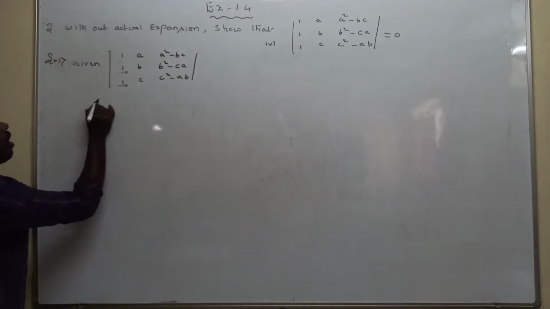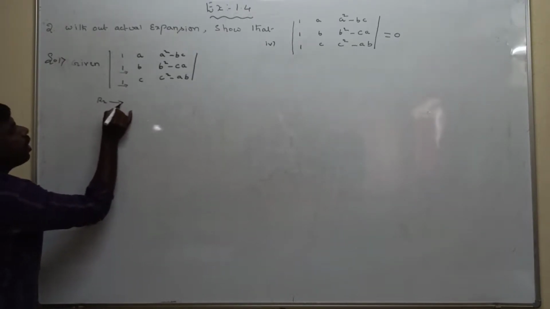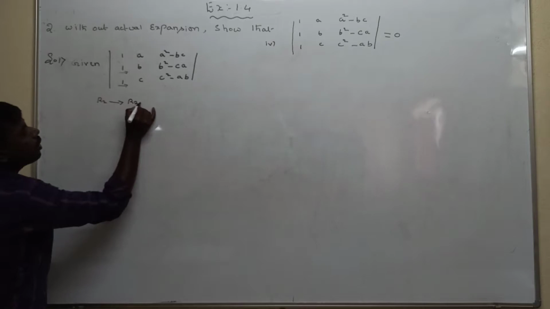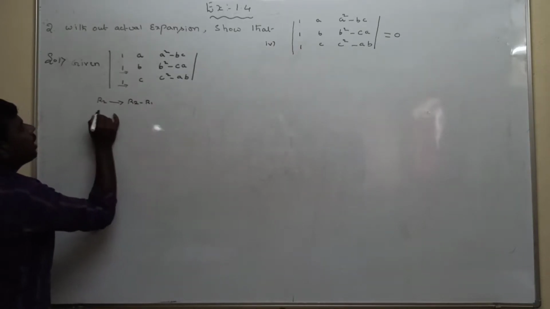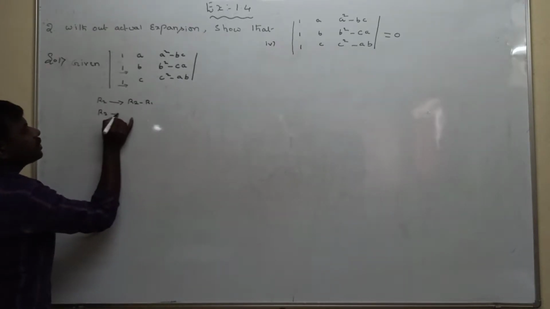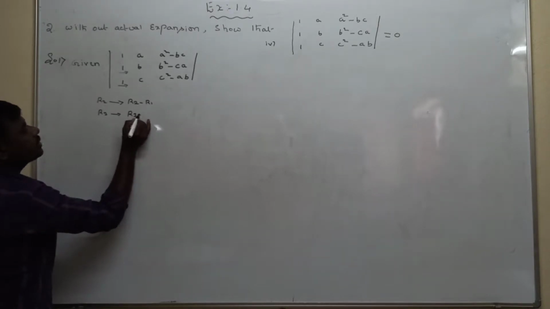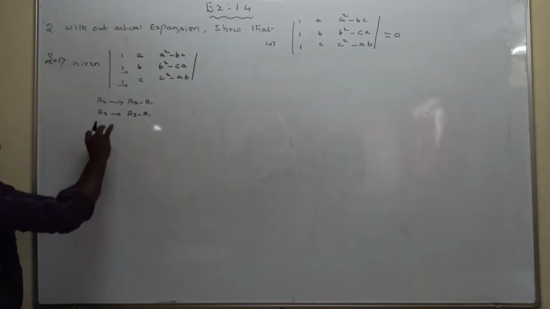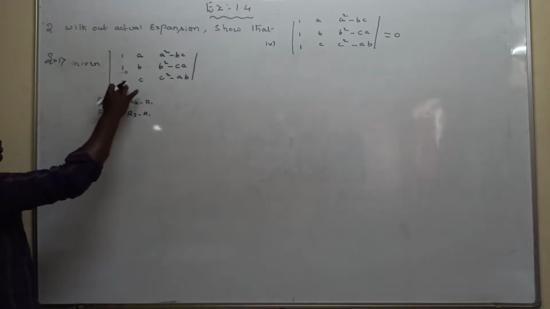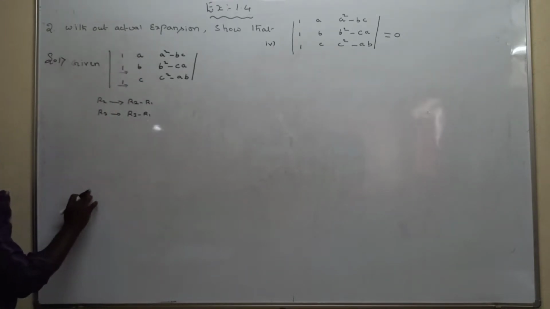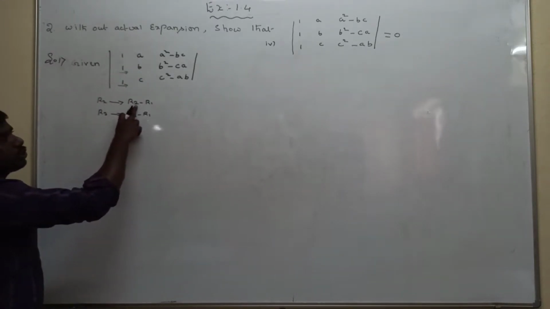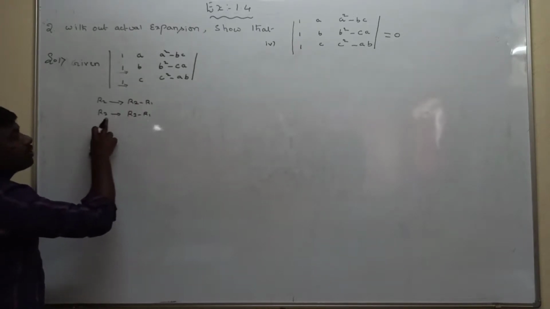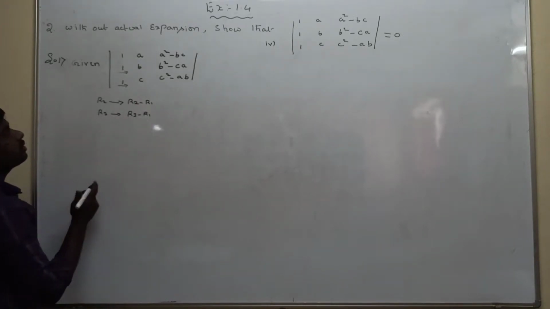That's why r2 changes to r2 minus r1, and r3 changes to r3 minus r1, so that in the second and third rows we get 0 with the help of the first one.